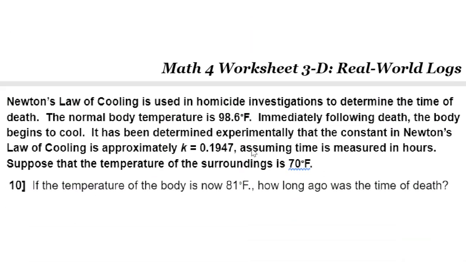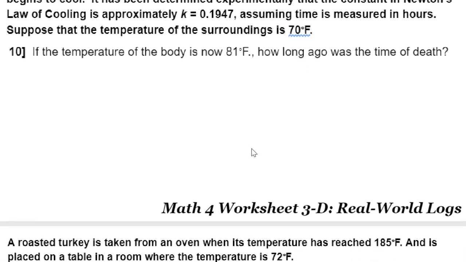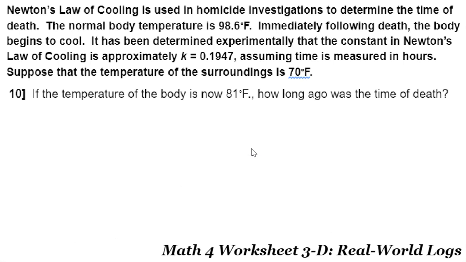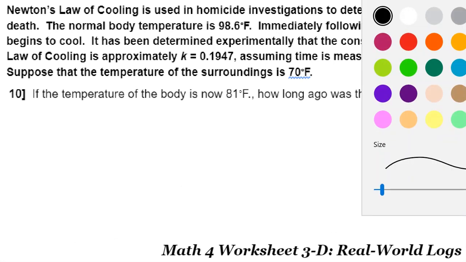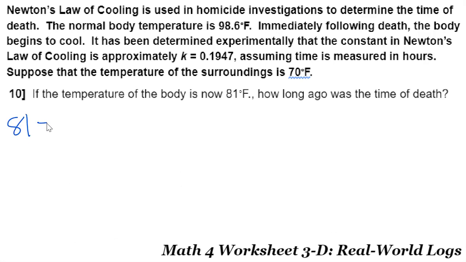All right. So if the temperature of the body is now 81, we would say 81 equals 98.6 plus 28.6 e to the negative 0.1947 t. So now we've got to get t by itself. So we're going to subtract 98.6 from both sides.